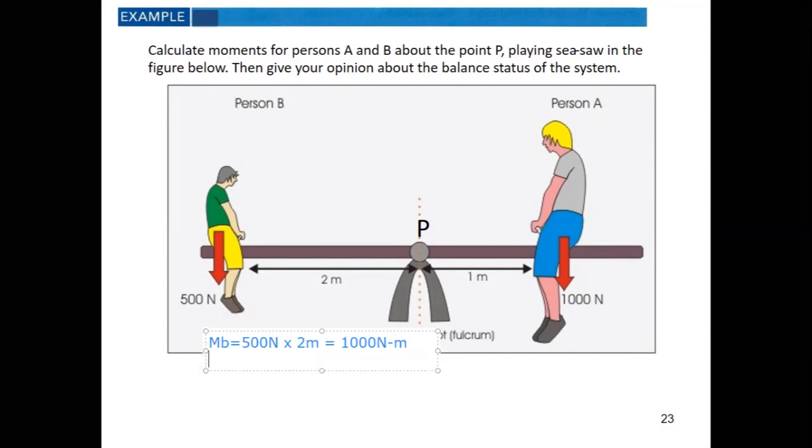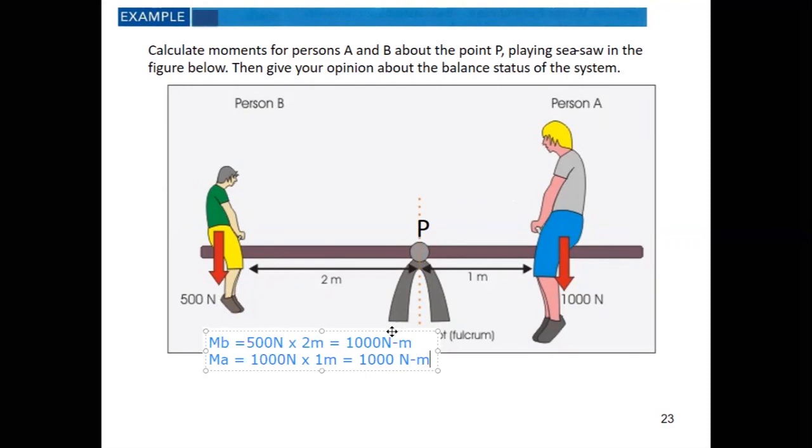Now, what is the moment for person A? I'm writing MA, equals the force 1000 Newton multiplied by the distance 1 meter. So this will again be the same, 1000 Newton meter. Since both moments on the right and left side are equal, they will be in an equilibrium position.